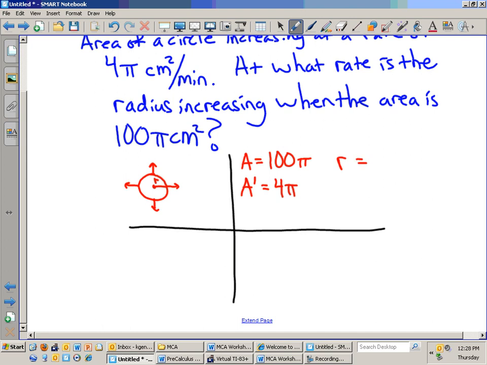Do we know the current radius? Nope. But we sure could figure it out, couldn't we? If the current area is 100 pi, what is the current radius? 10. Do we know R prime? That is the question.